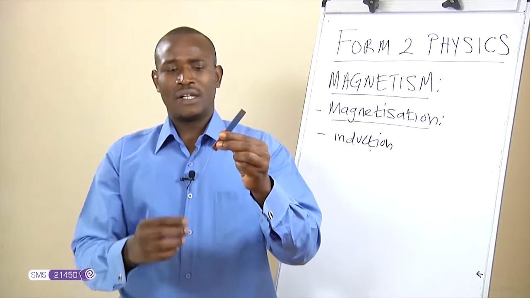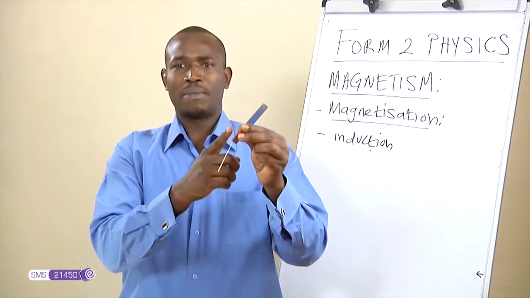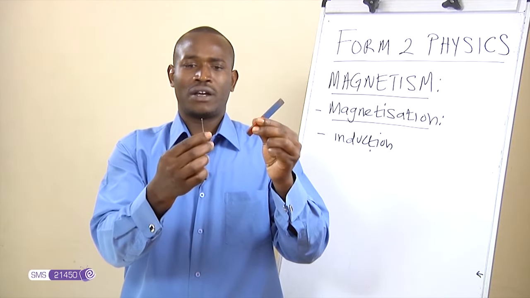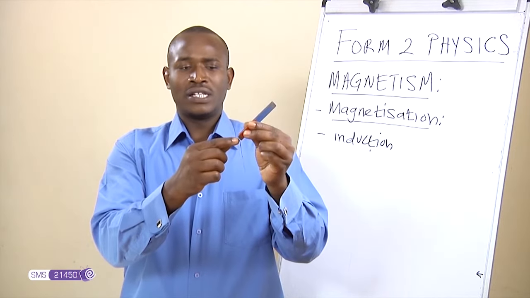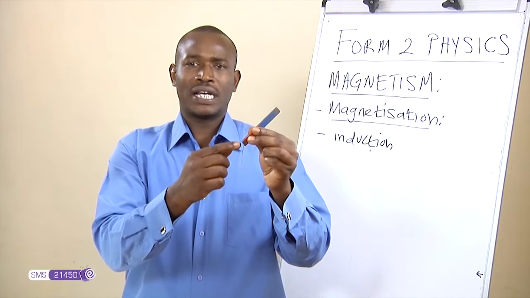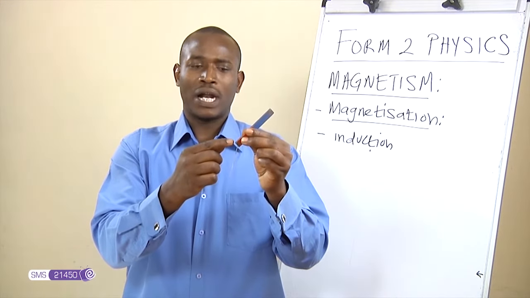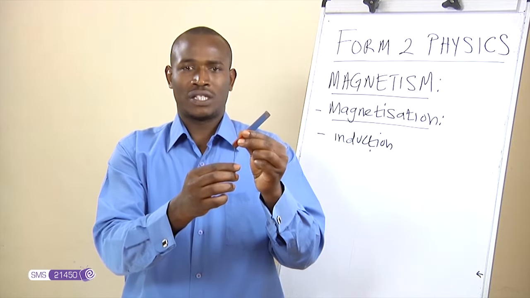When that happens, if I have used the north pole of the permanent magnet, I want to magnetize this pin by the induction method, then the edge of the pin, which is attached to the magnet, will acquire a polarity opposite to the pole on which it is attached.